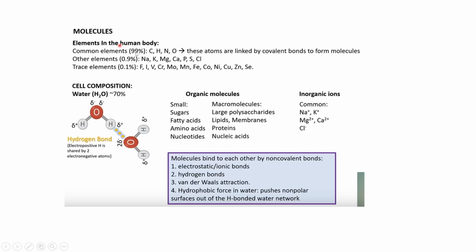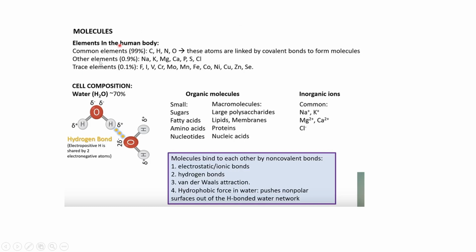Out of carbon, hydrogen, nitrogen, and oxygen, macromolecules are constituted, such as proteins, nucleic acids, and lipids, which make up the majority of cellular organization, and these atoms basically help in covalent bond formation, and that is why they are helpful in generation of the macromolecules.